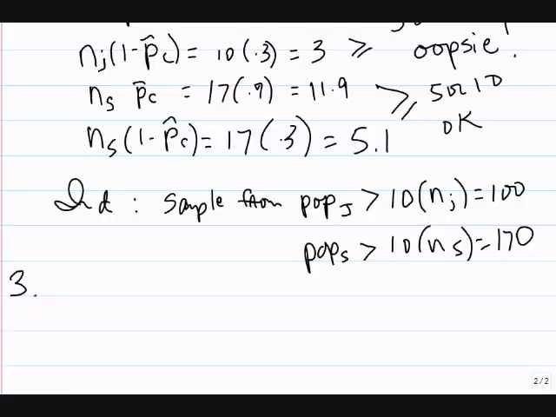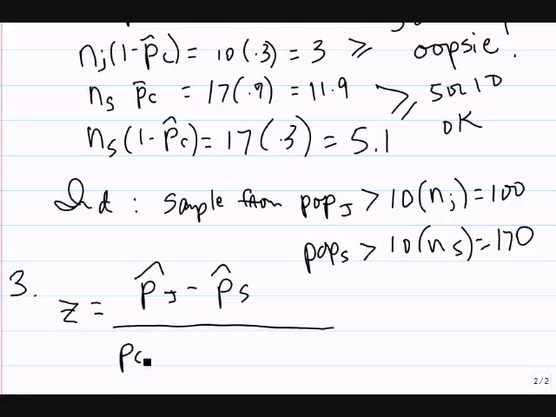Now, of course, you're not going to memorize this formula, but for those of you who don't like to use the calculator and would prefer to do this on your own, my test statistic takes my p-hat of the juniors minus my p-hat of the seniors. That's the direction we did it, right? Then I take my pooled proportion, and they kind of shortcut the formula a little bit in the book, but who cares?